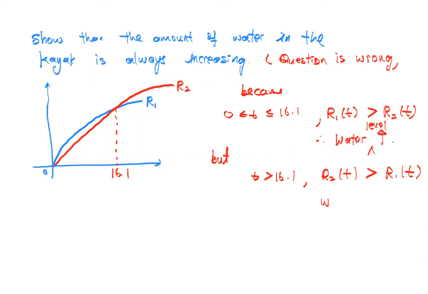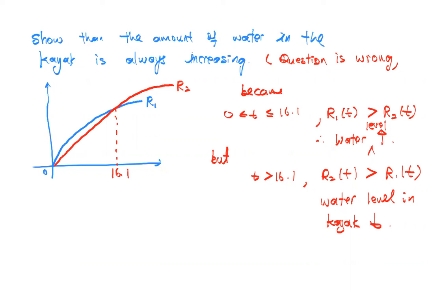So the water level in the kayak decreases, right? So it's exactly like yesterday, right? You see, it's just a different scenario. It's exactly like yesterday. What are we talking about? We're talking about the zebra and the lion. You see or not?